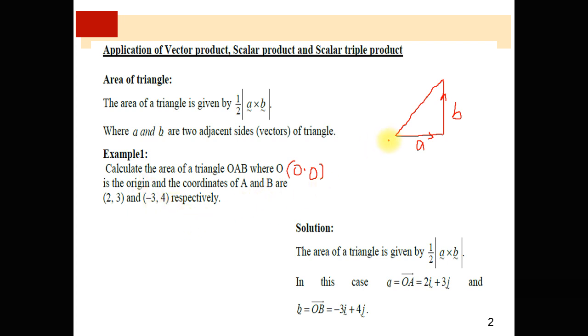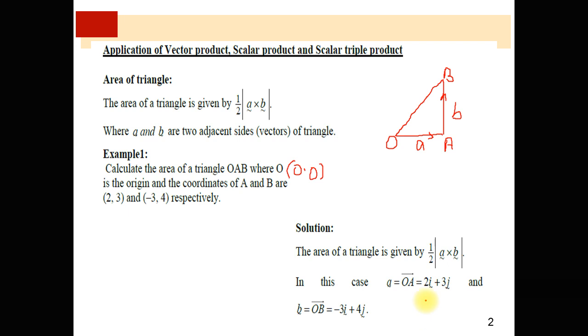Suppose this vertex represents O, this vertex represents A, and this vertex is represented by capital B. So first of all, find vector A. Vector A is defined by OA. So OA means A minus O. Subtract these coordinates from these coordinates.